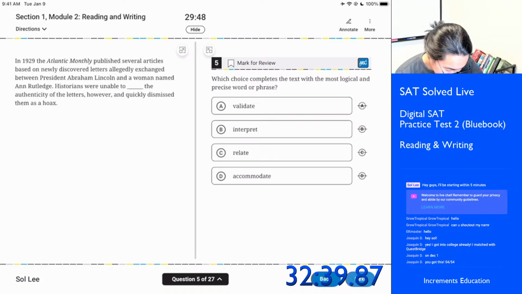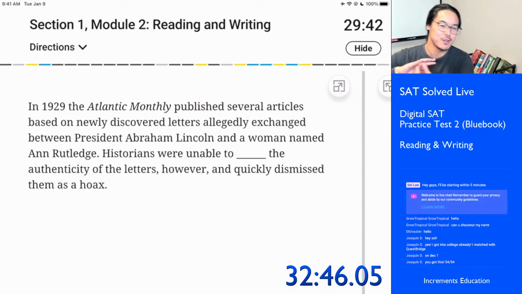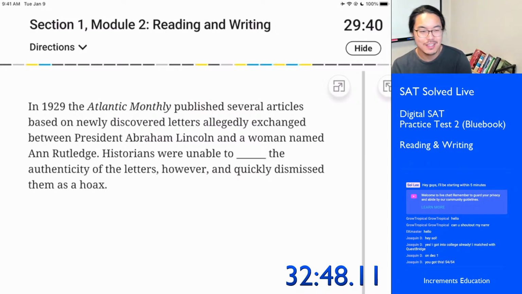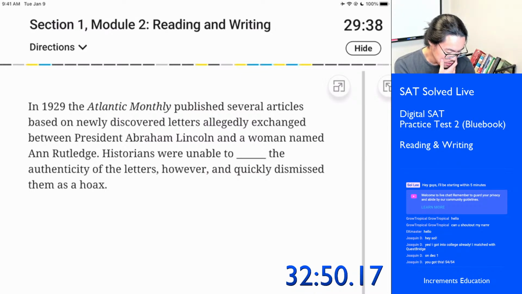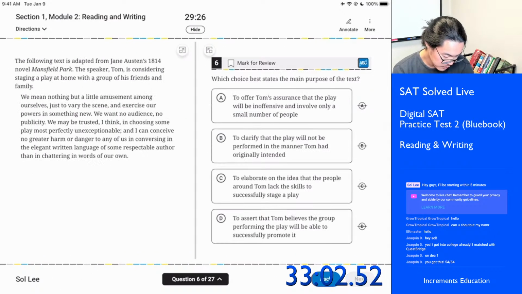I don't know how to explain that right now. But like you kind of followed it, but then you can recant something that you no longer believe in. In 1929, the monthly published several articles based on... historians were unable to confirm the authenticity, however, so confirm, validate. Okay.